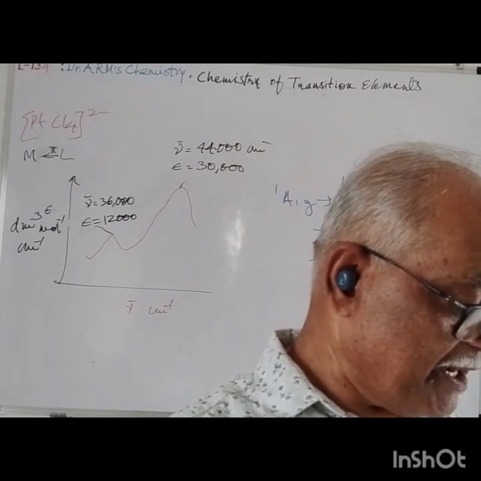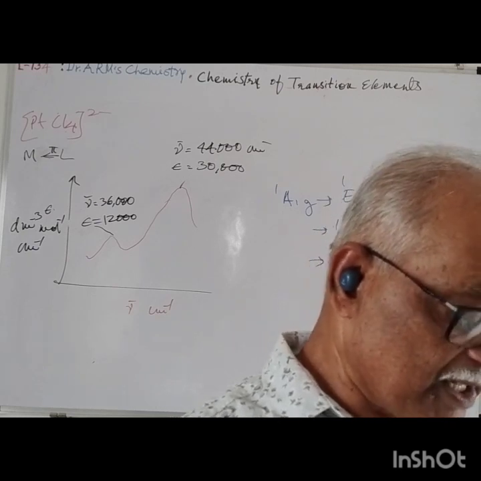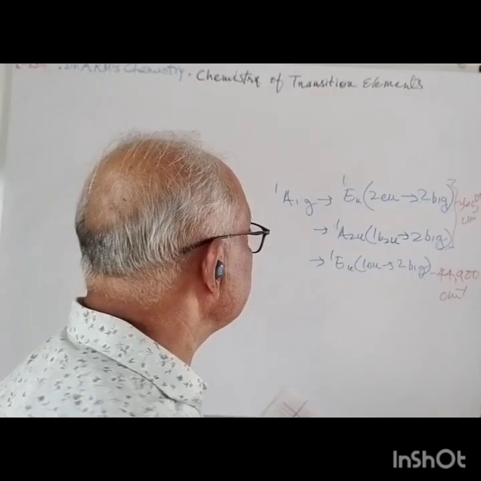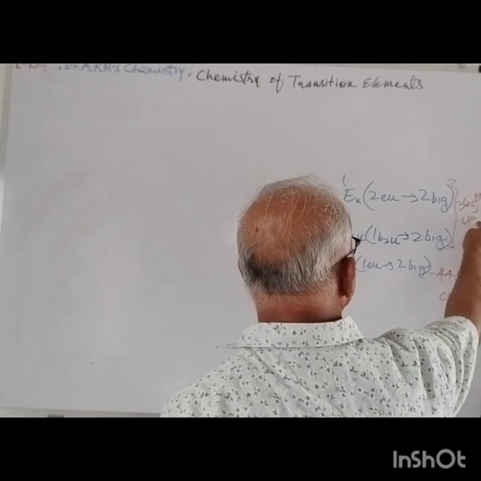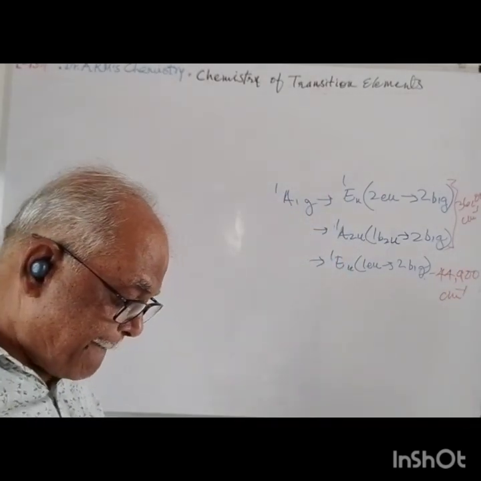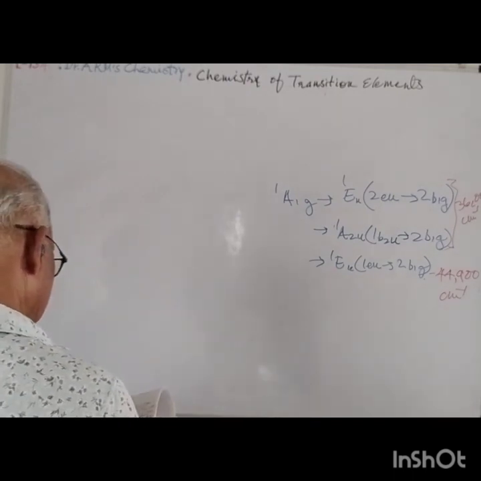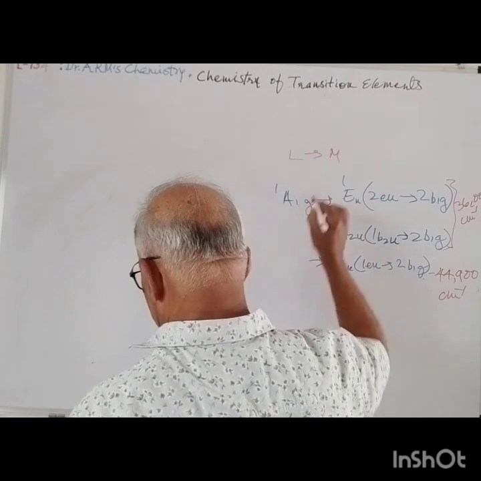The energies of these transitions are similar. Another example, we find here two types of bands. This is a much stronger band, and these are relatively weaker bands. So this is the example of ligand to metal.